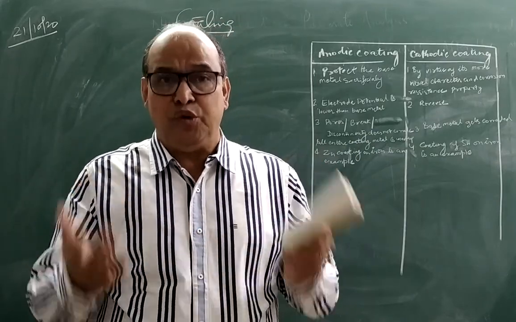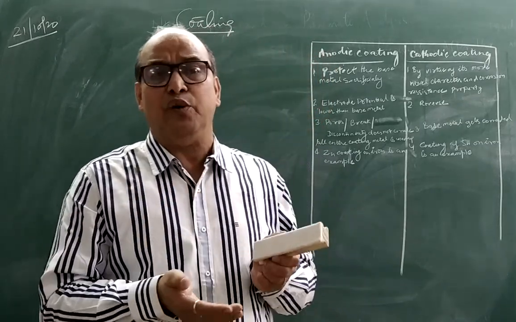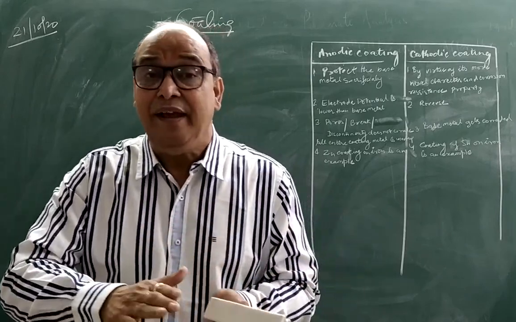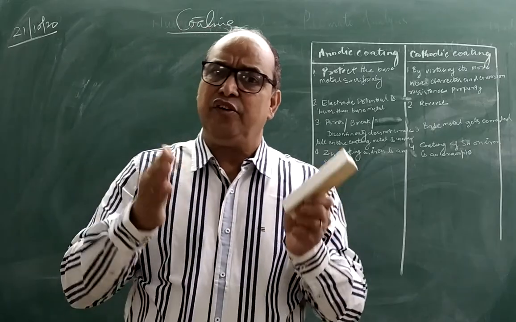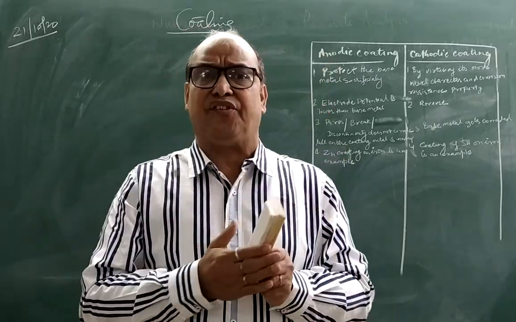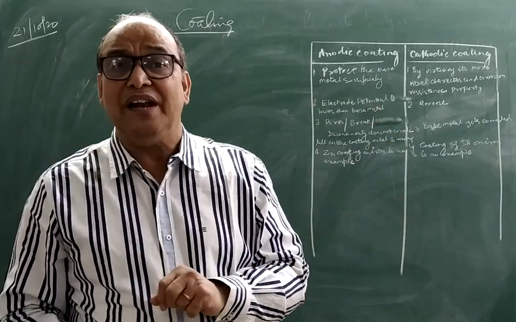As we know, corrosion takes place only on the anode, and therefore zinc will get destroyed, protecting iron. Here zinc protects the iron base metal at the cost of its own destruction, and that is why it is written that it will protect the base metal sacrificially.